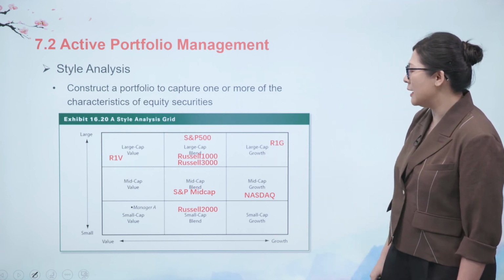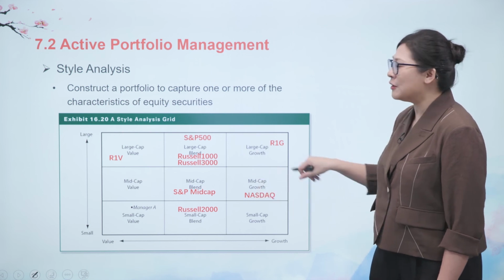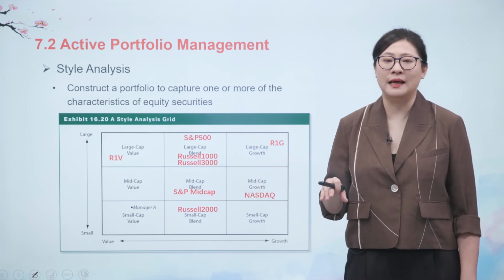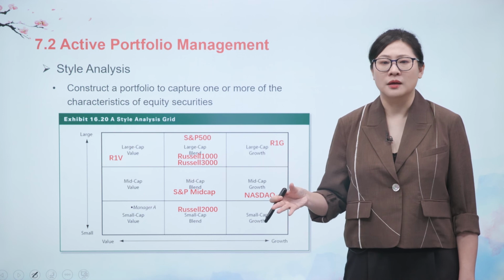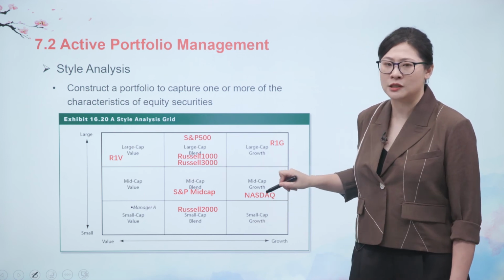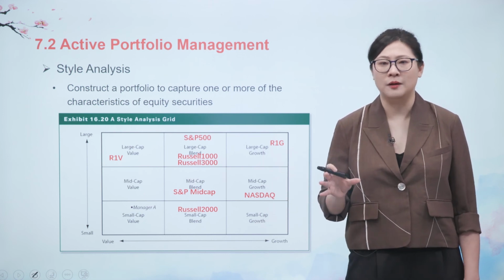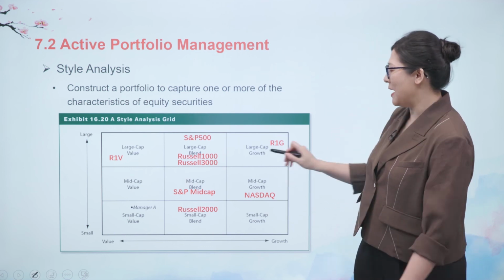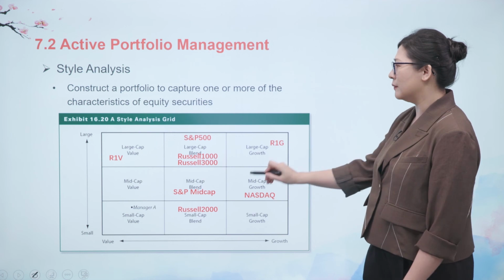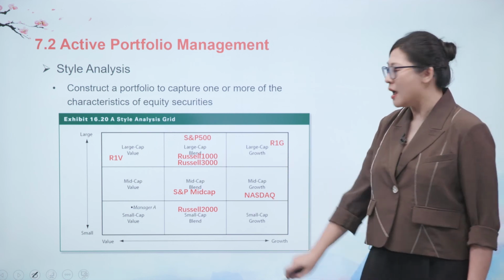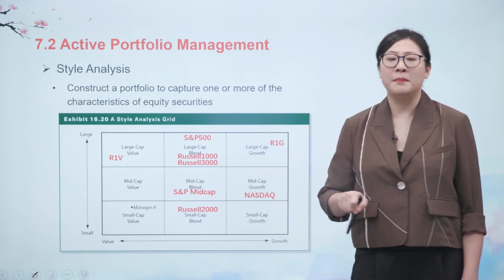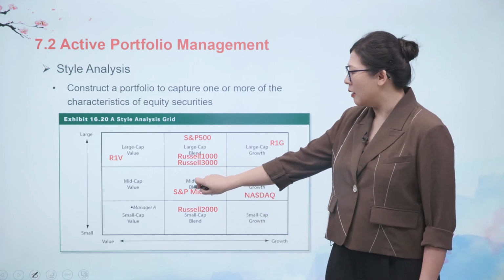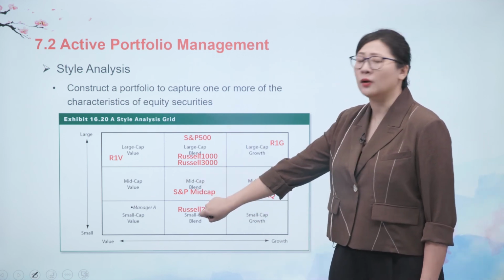The other is the NASDAQ. The NASDAQ is definitely growth stock, so we put it in growth and also mid cap, a little bit smaller size, so it's in the middle part of the size factor. The S&P mid cap is in the middle of it, and then the Russell 2000.